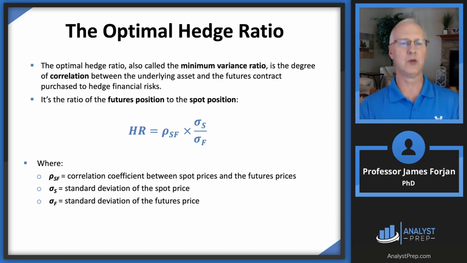And let's just quickly use the example of corn. Let's suppose that we're corn farmers and there's a corn futures contract, right? What's that correlation going to be between spot corn and futures corn? Well, it's probably not going to be 1, but it's going to be pretty close to 1, right? And then notice, what's the standard deviation of the spot and what's the standard deviation of the future?